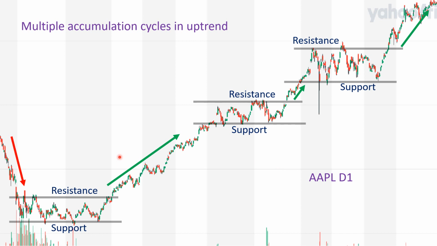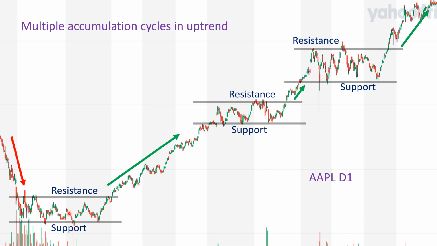So the smart money or the smart investors are buying stocks in accumulation cycle around support and sell them in distribution cycle, which I'm going to talk about later.